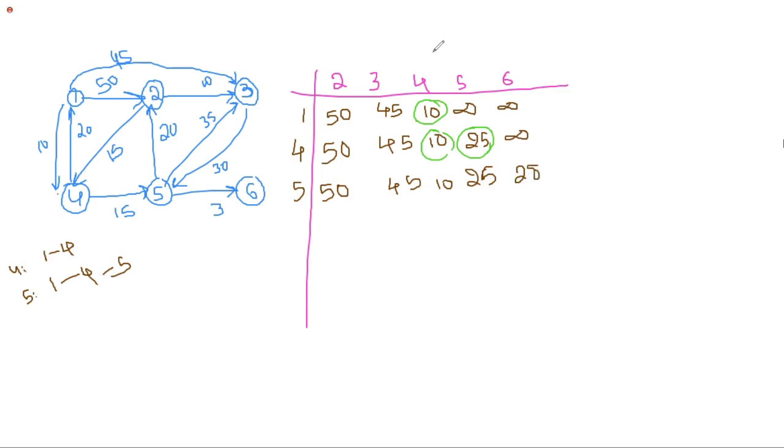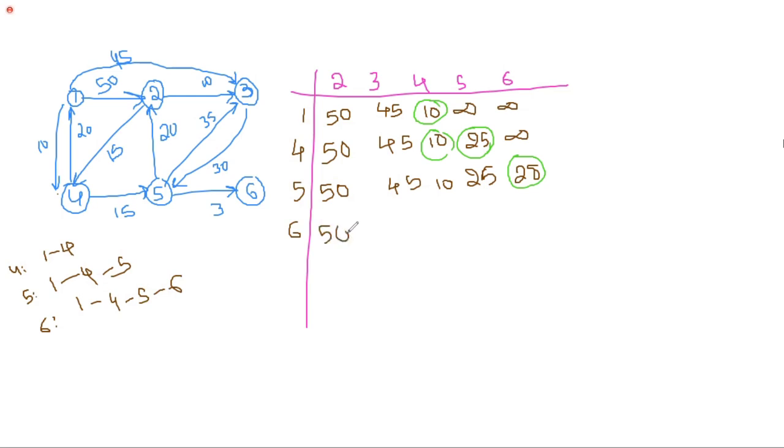Next, which vertex will you make it as known? Vertex 28. Vertex number is 6. So, how can you reach 6? 1, 4, 5 and 6. Next, 1 to 2, 50.